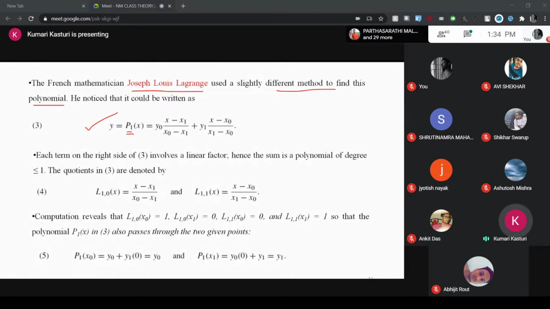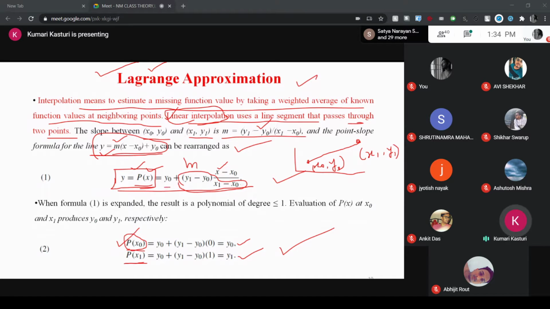As it is linear, only 2 points are there, your polynomial degree is 1, that's why he suggested that the polynomial notation should be p1 of x. So p1 of x is equal to y0 times x minus x1 divided by x0 minus x1 plus y1 times x minus x0 divided by x1 minus x0. Nothing has been done, only he has taken the LCM and rewritten this equation.